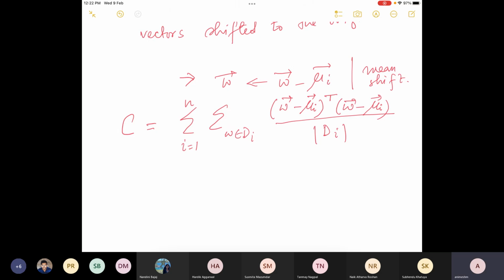If you think of it carefully, these are two vectors and you can rewrite it as V transpose V. If you consider W minus mu I as a vector V, then you can write it as V transpose V. This is rough work. What is V transpose V?